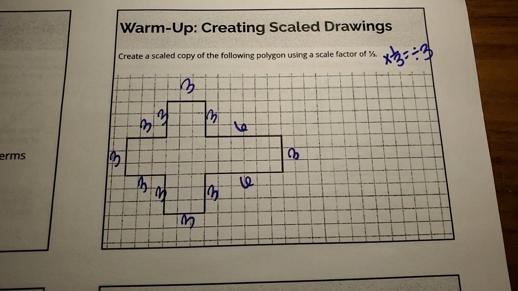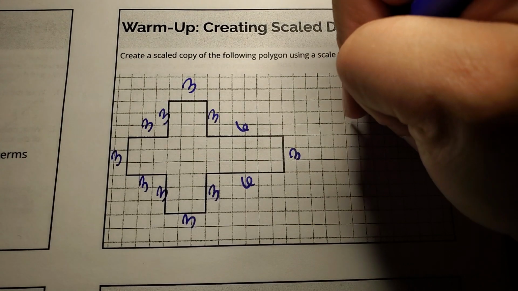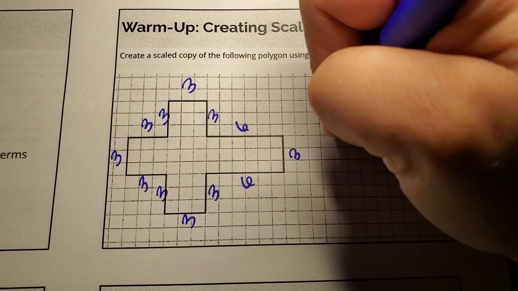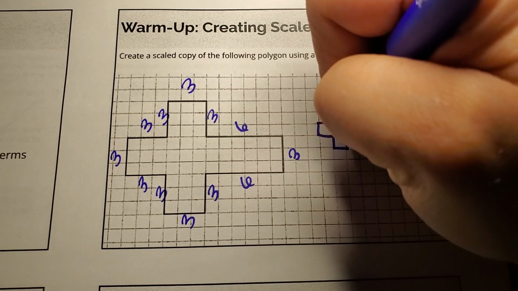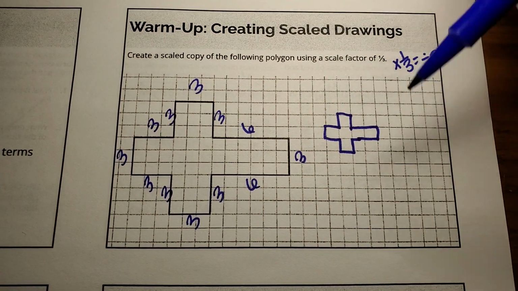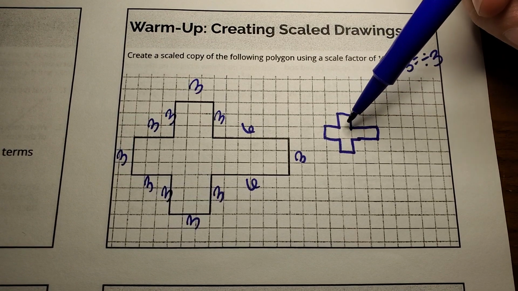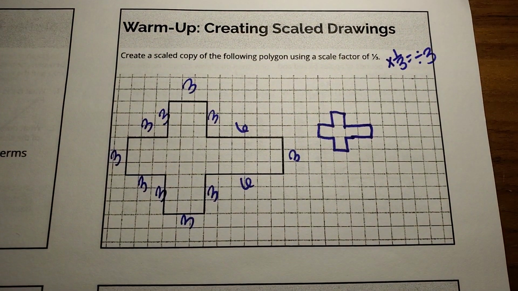And we're going to take all of these side lengths and divide by 3. So when you do 3 divided by 3, you get 1. And 6 divided by 3 is 2. So a majority of our lines should be 1. These longer ones are going to be 2. Awesome. Make sure yours is all good.